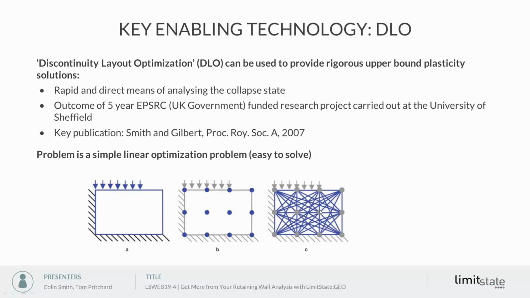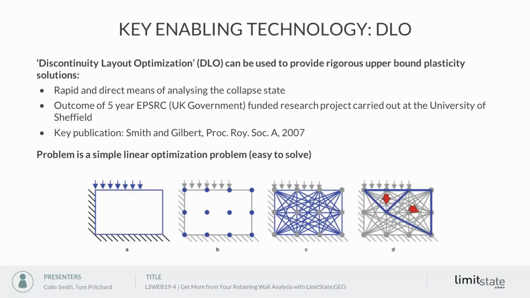And then we use optimization to search through all those possible slip lines and find the set that gives us the failure mechanism that dissipates the least energy. That's going to be the critical failure mechanism. In this case, there are 6 slip lines that combine to give the critical mechanism.